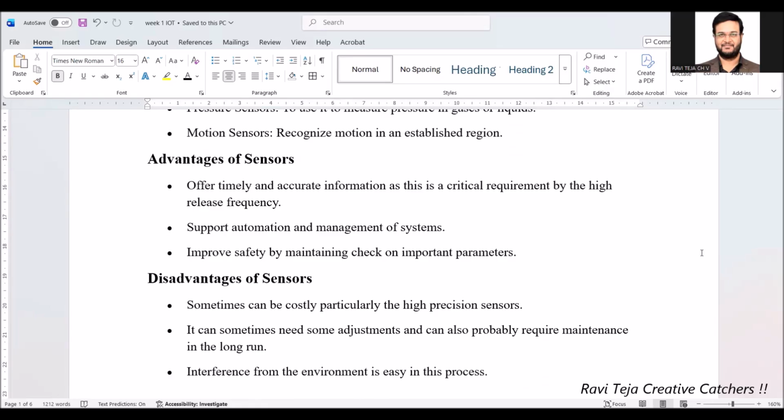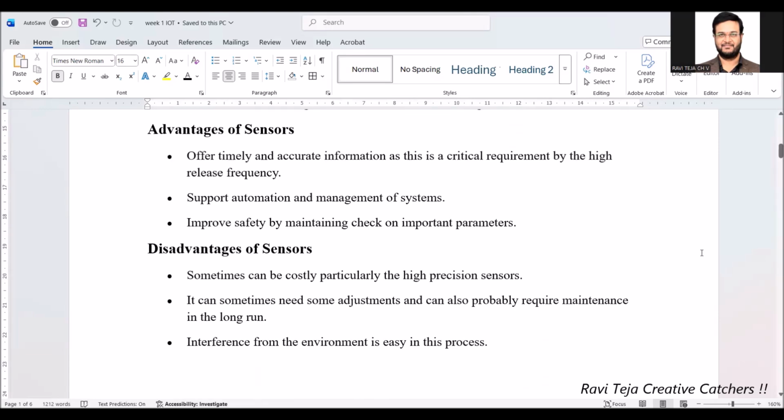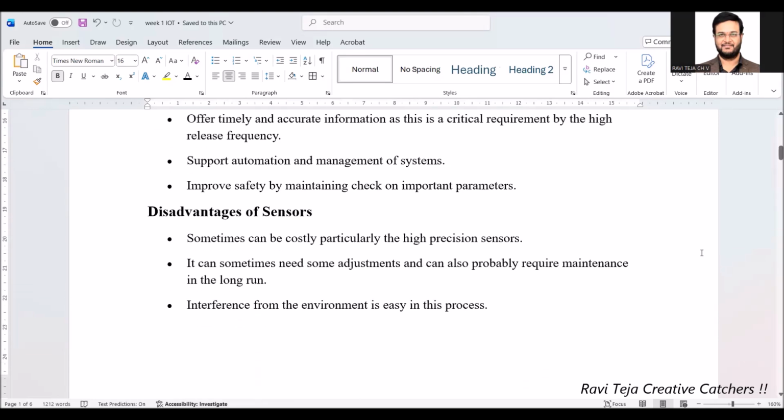Along with the advantages, we also have disadvantages of sensors, like sometimes it can be costly. Suppose you consider an NPK sensor, you can get it for a little bit costly, like 5,000 or 7,000, or sometimes 10,000.